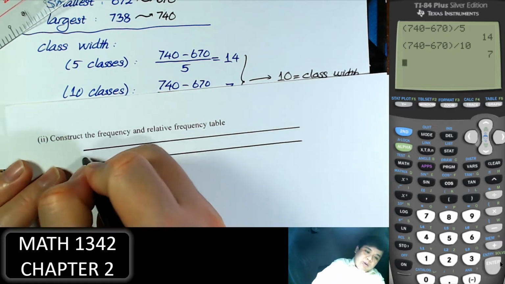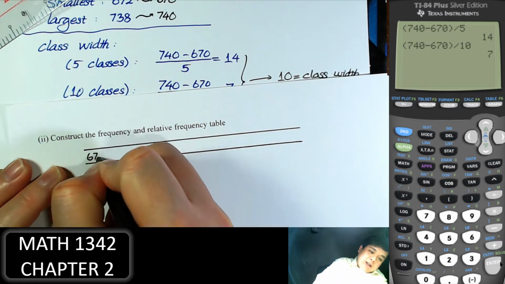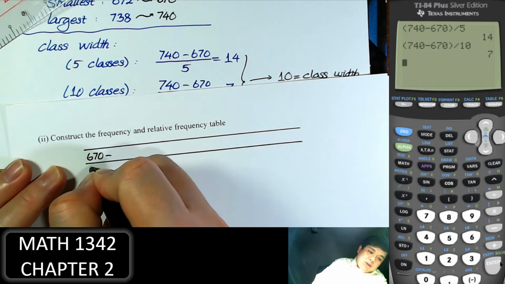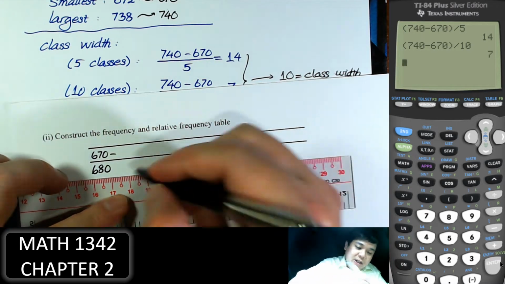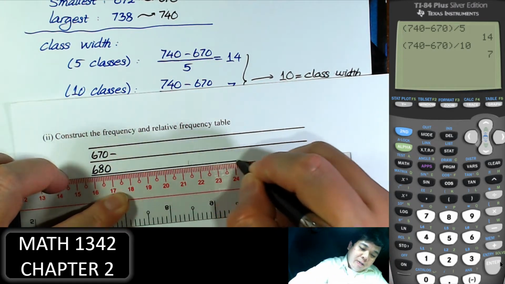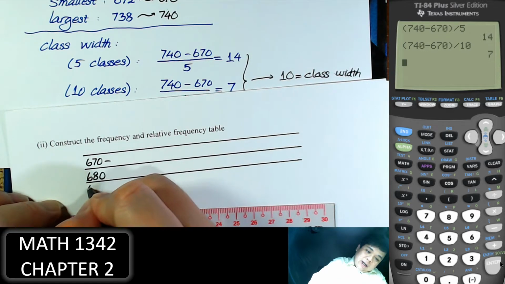So the first one we have from 670 on, and the next one, the class width is 10, so that is 680, 690.